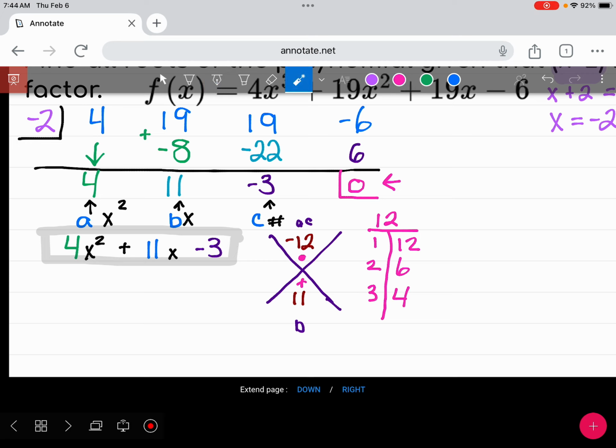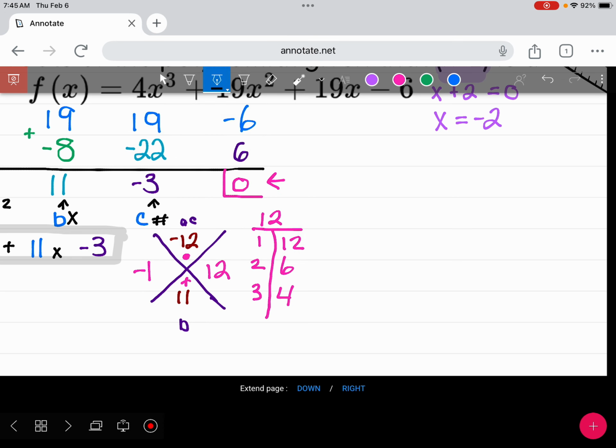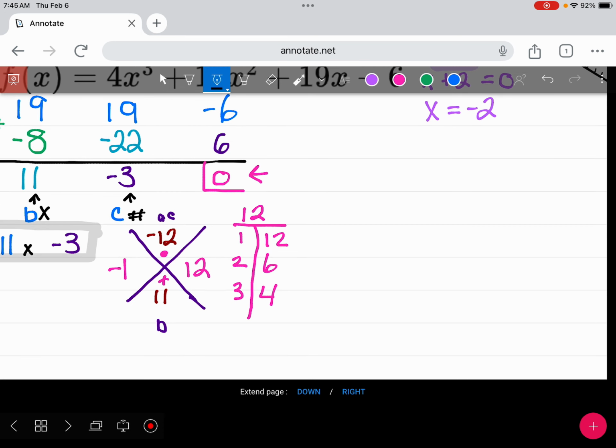Since the top number is negative, we're looking at the differences. The pair that has a difference of 11 is my 1 and my 12. One of them is going to be negative, and since the bottom number is positive, it's going to be the littler one. So that's a way to talk yourself through that process, just because I know for some of us, that's where we get stuck in the factoring.